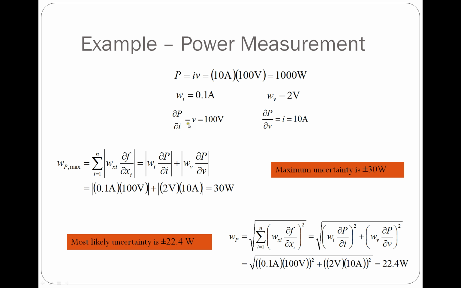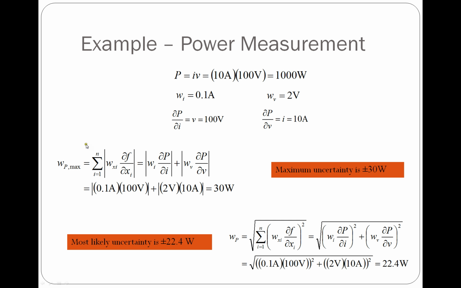So the result of the partial derivative of power with respect to current is voltage, V. We apply the same logic to come up with the partial derivative of power with respect to voltage being equal to current, which is 10 amps.